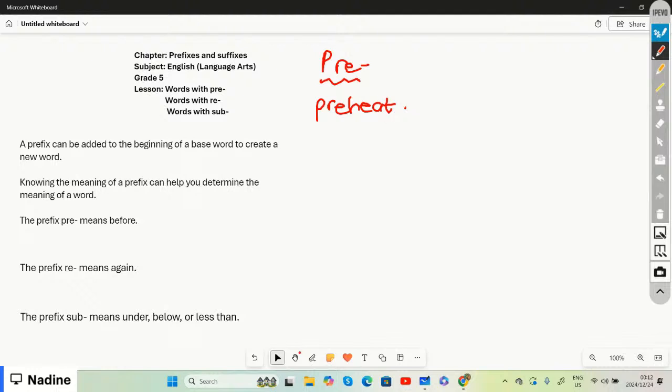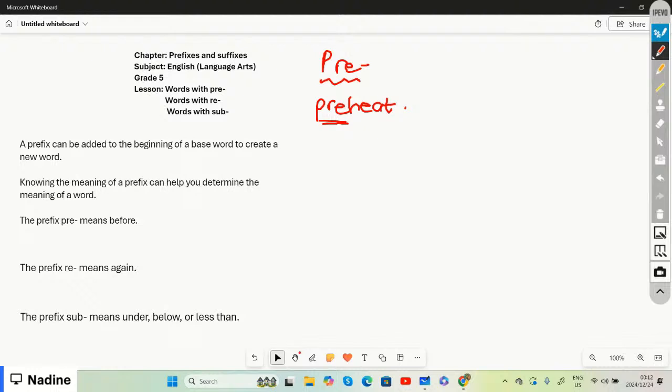Preheat. And when we say you need to preheat something, if you look at the word pre, it means before, right? So which means that you need to heat something before you officially use it.